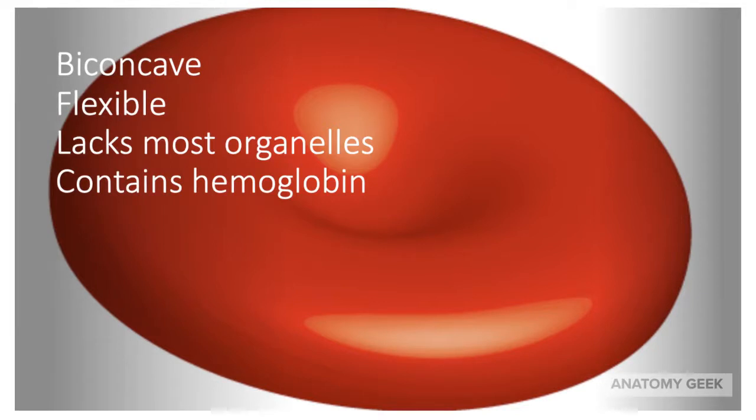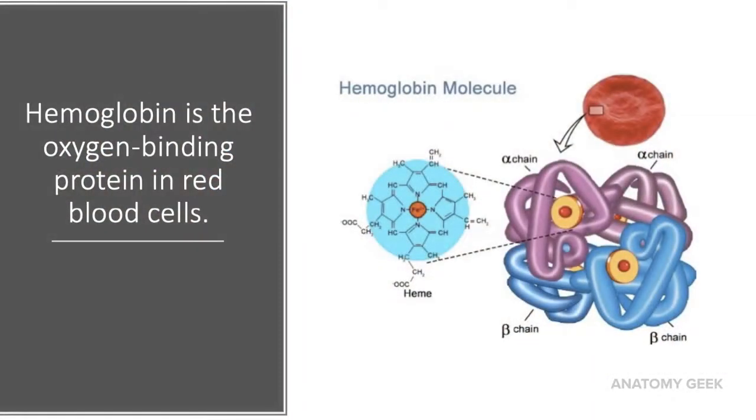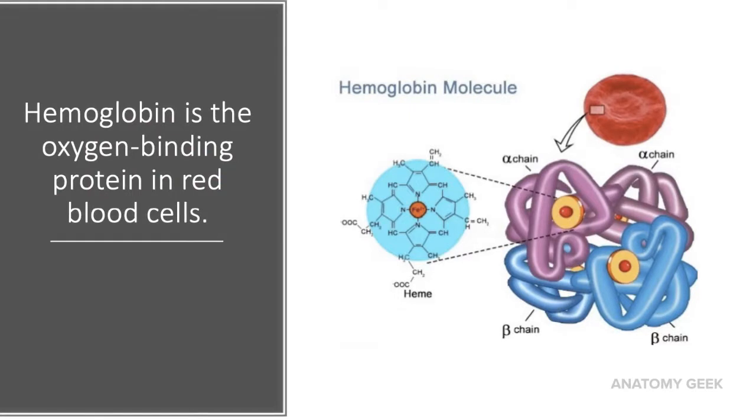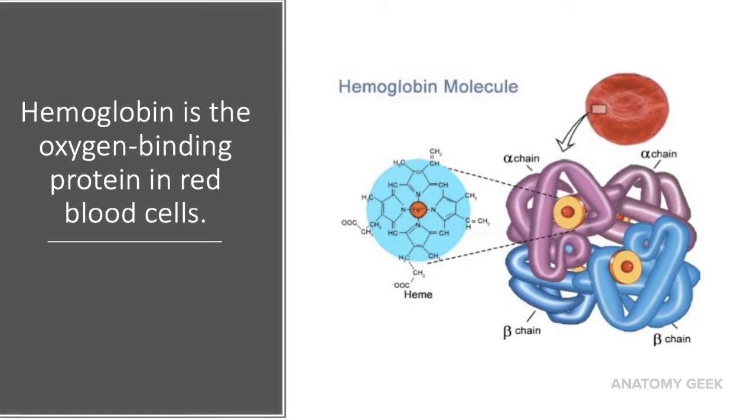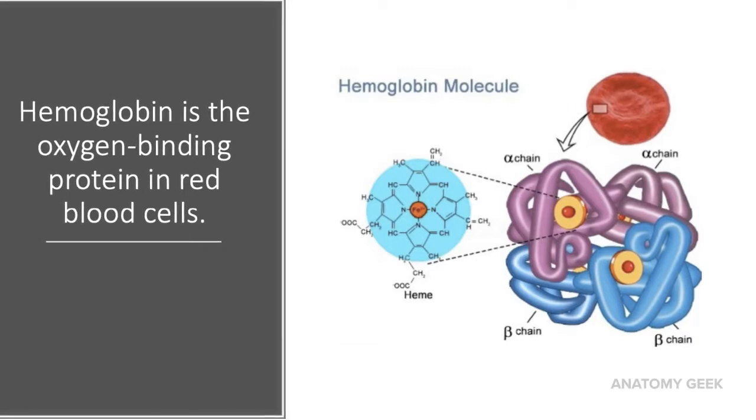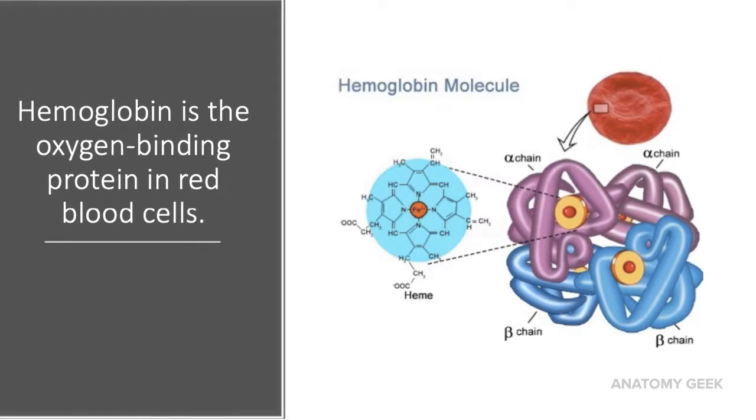Lastly, the erythrocyte contains a very important protein called hemoglobin. Hemoglobin is the oxygen-binding protein inside the erythrocyte. Hemoglobin is made up of 4 subunits, 2 alpha chains and 2 beta chains.